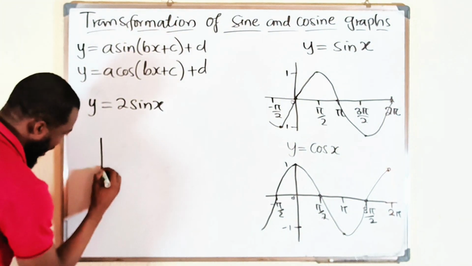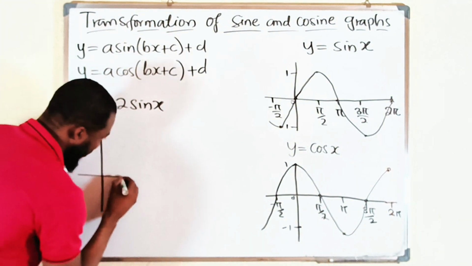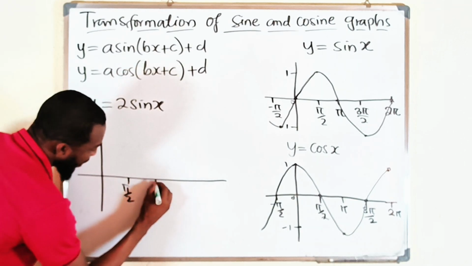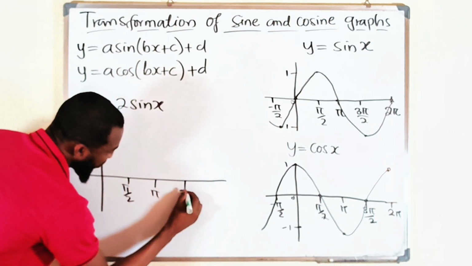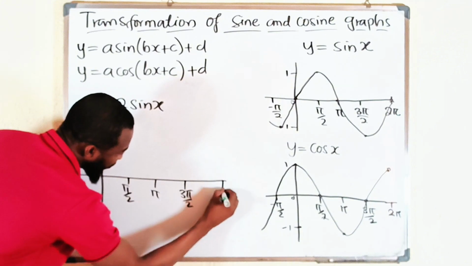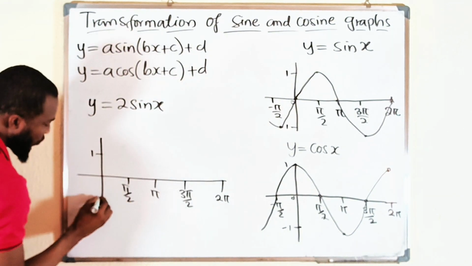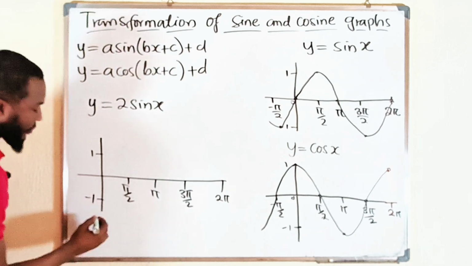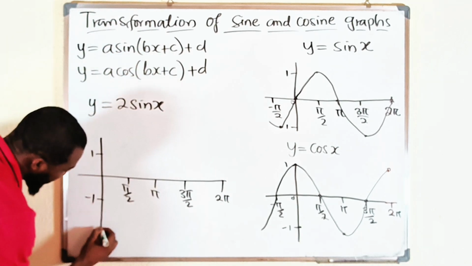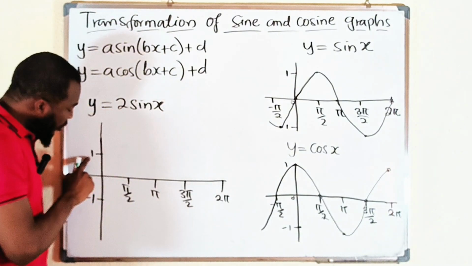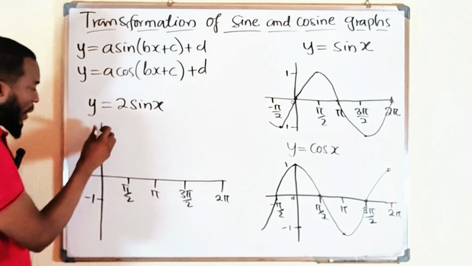So what has happened? Everything I told you remained the same. Assuming I have my y-axis, this is the x-axis, we have pi divided by 2 here, we have pi here, we have 3 pi divided by 2, and we have 2 pi. Remember, our range is what? 1 to negative 1. But because we have 2 here, it will multiply these numbers. 1 times 2 will give us 2.